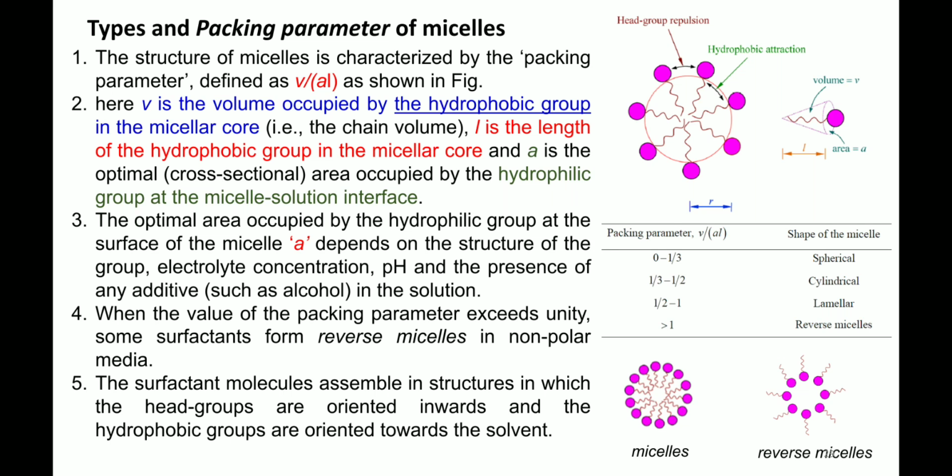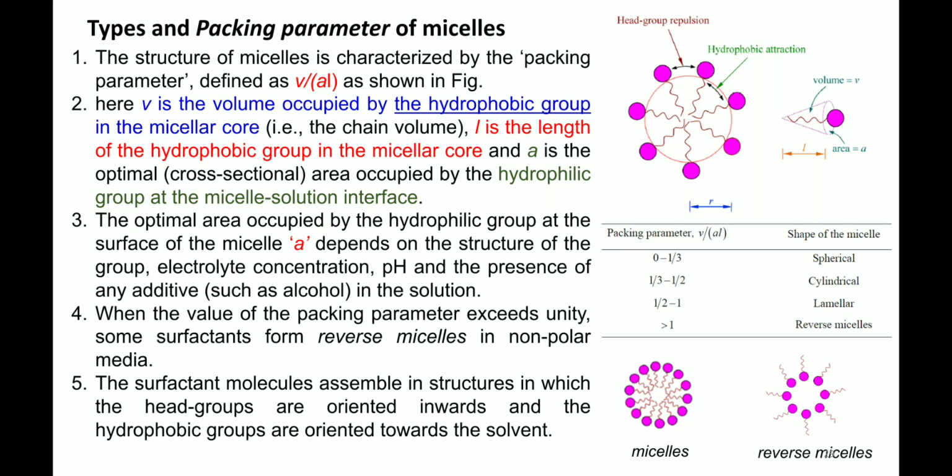However, if you calculate the packing parameter, that is V upon AL, and it is in the range of 0 to 1 by 3, then you can assume the shape of the micelle is spherical. So mathematically, depending upon the value of the packing parameter, we can identify the shape of the micelle.